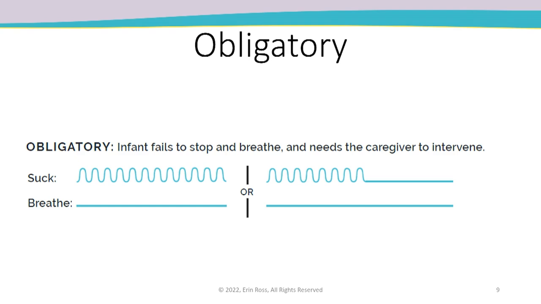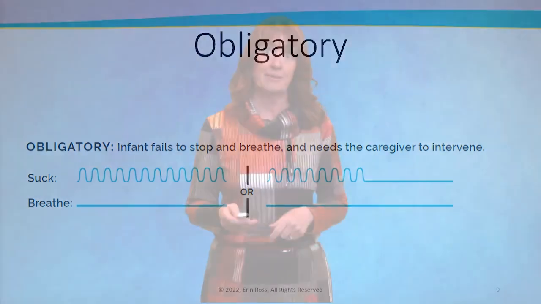So that is the key characteristic for obligatory. Baby starts sucking and has many, many, many sucks and never stops to breathe, which is what you see on the left-hand side. Or baby does start sucking and baby stops sucking, but they don't start breathing. So either way, they're losing stability and you have to do something to fix it.